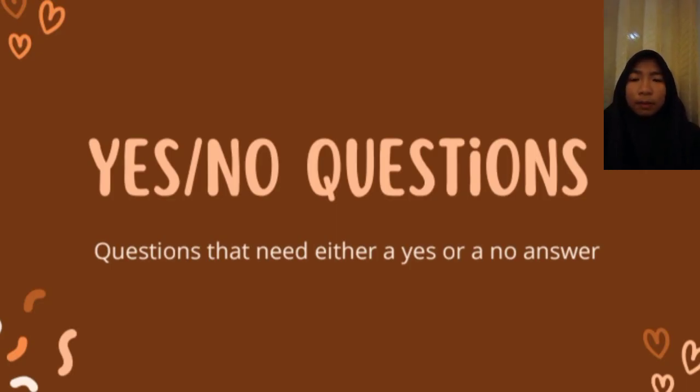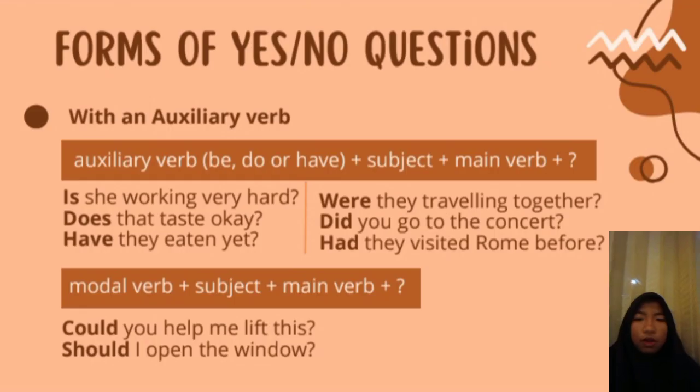Okay, I will explain about yes or no questions. Questions that need either a yes or a no answer. Forms of yes or no question with an auxiliary verb. Auxiliary verb be, do, or have, plus subject plus main verb.